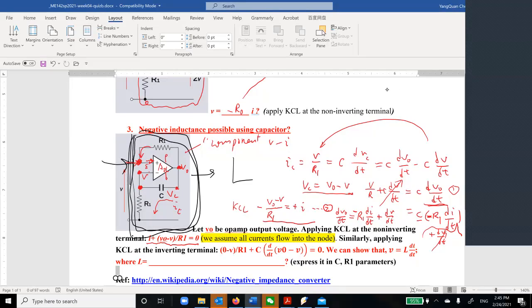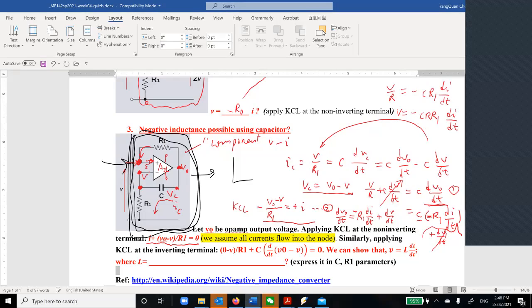So what's left over here is V divided by R equals minus CR R1 di/dt.